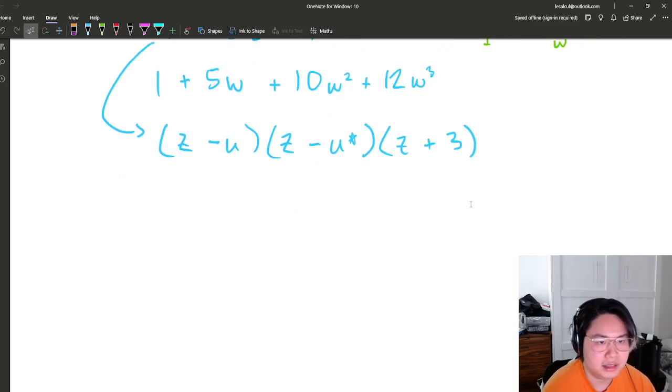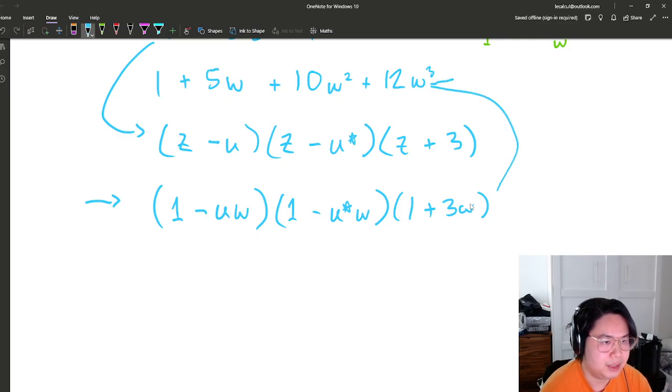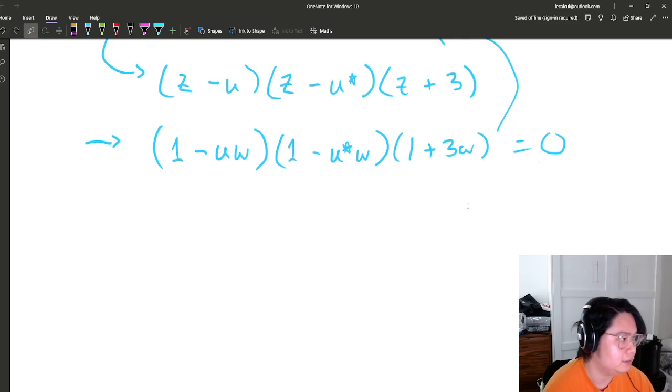Okay, so then all I do is get rid of the z and then add a w beside the second term. And then if I expand this out, this should give me that polynomial. And this is easy to solve for 0 because it's already factored for us.